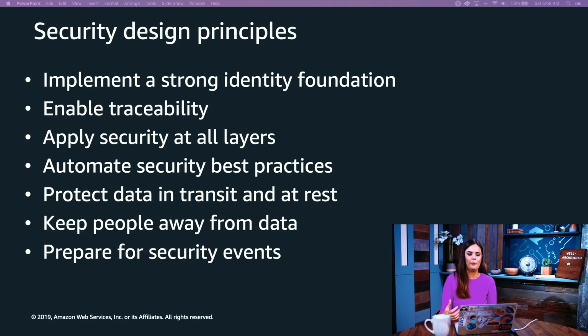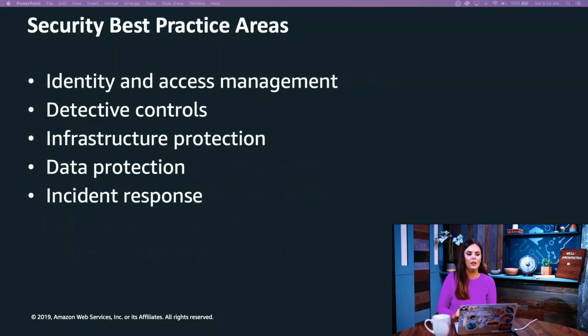And then prepare for security events. This is around having a known process for how you are going to respond to an event when you detect them, knowing the prioritization of those events, the process, who you'll contact when an event arises, and what you'll actually do to remediate it. And then as part of our Well-Architected Framework in our security pillar, we have a number of security best practice areas.